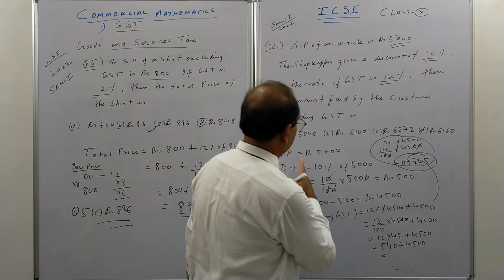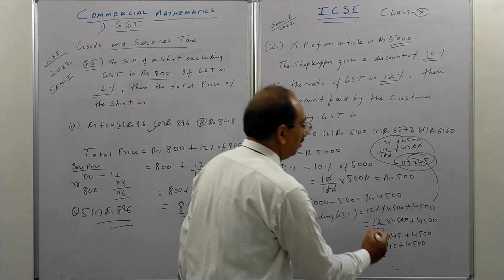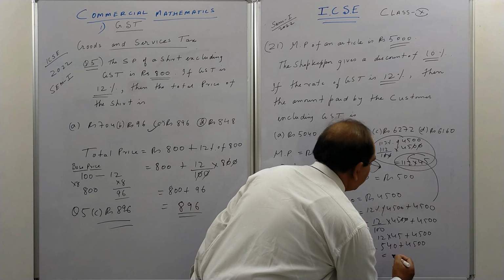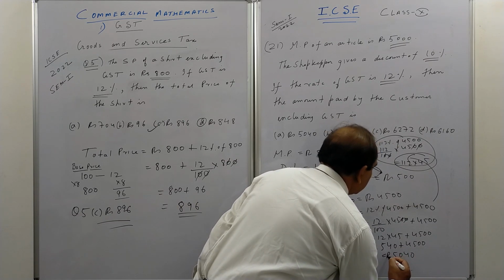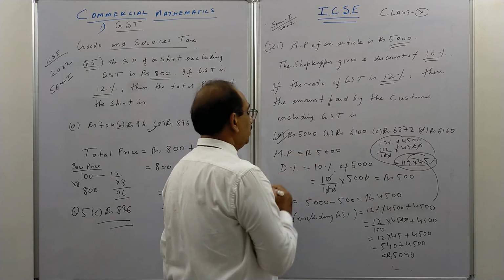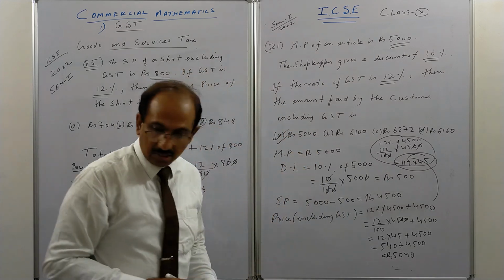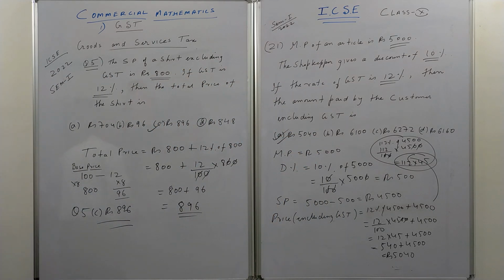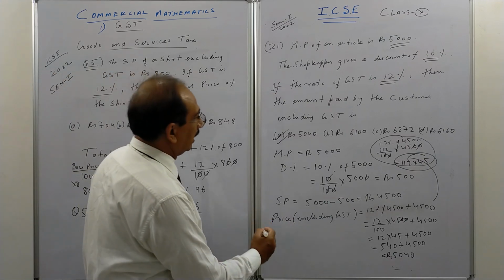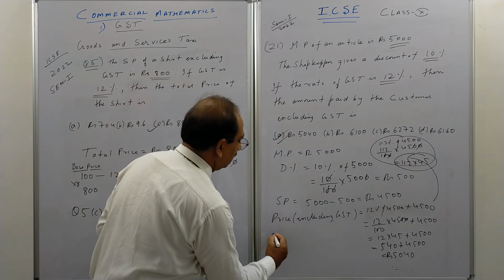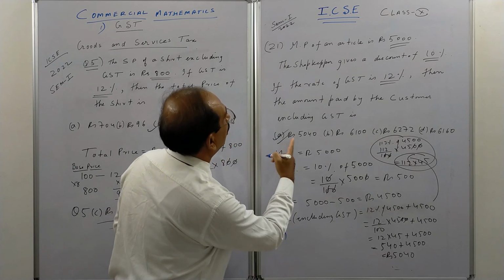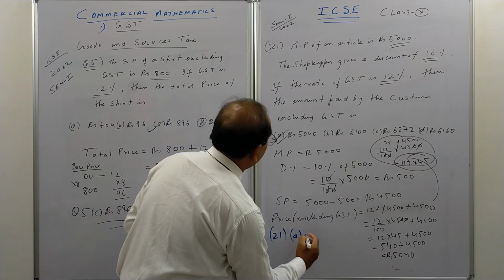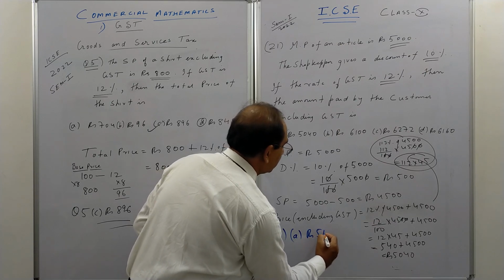You will get 4500 plus 540, 5040. So this is the price including GST. So what will you write over here in the correct option answer, question 21? Correct option is A, rupees 5040.